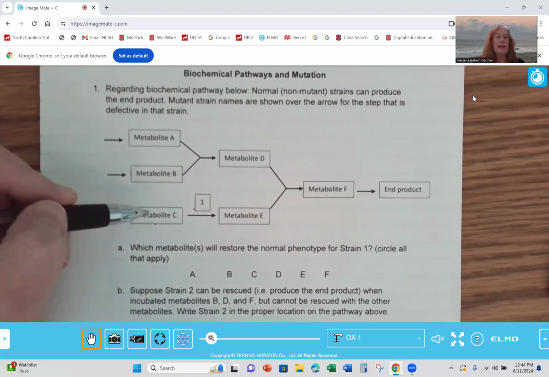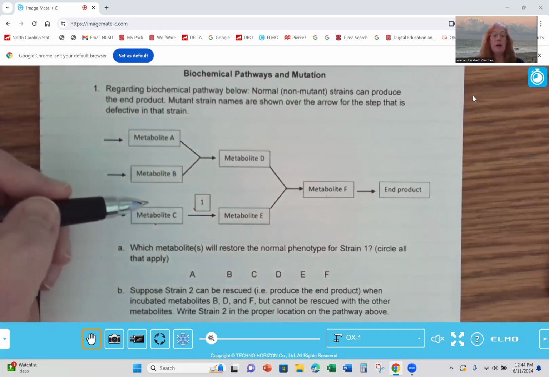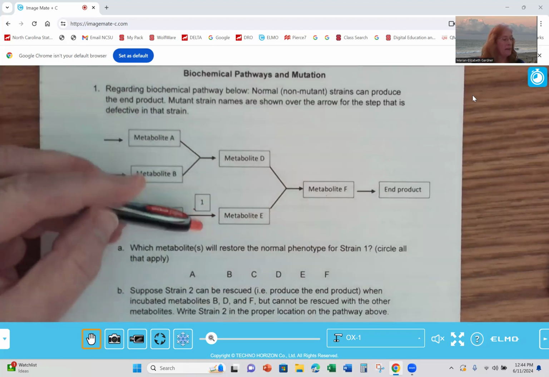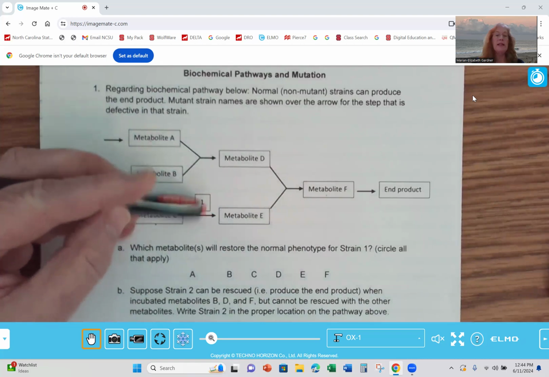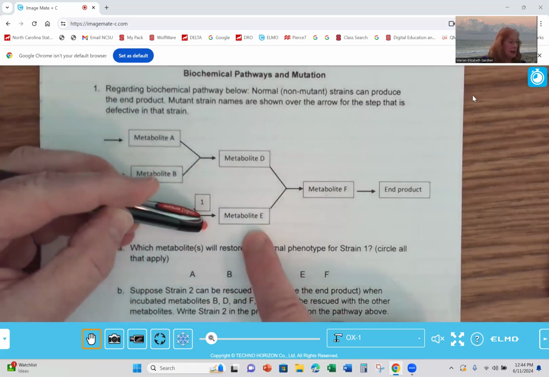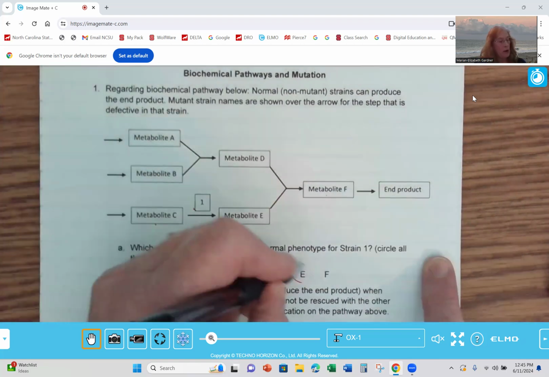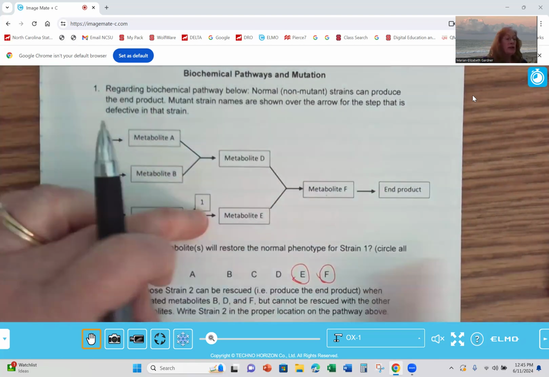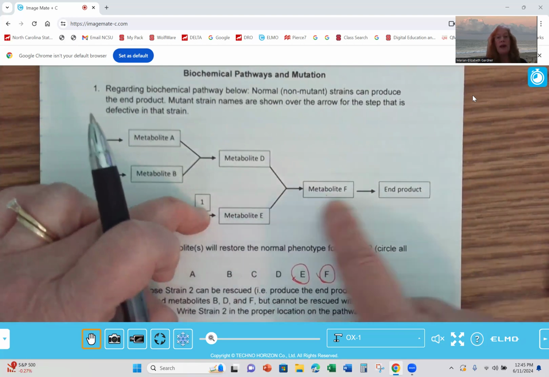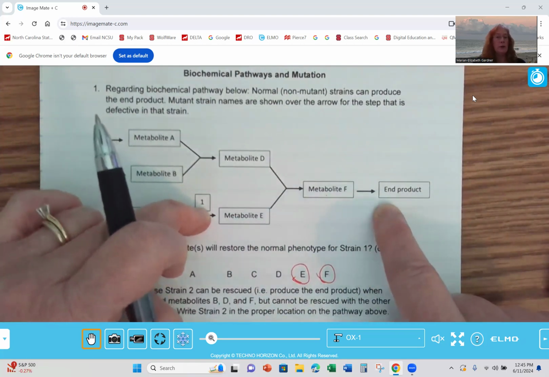The rule for this is that metabolites that occur after the blocked enzymatic step can restore the path and produce the wild type. So if this step right here is blocked, metabolite E and F are the only ones that would be in the direct line after that path and could therefore restore the path.